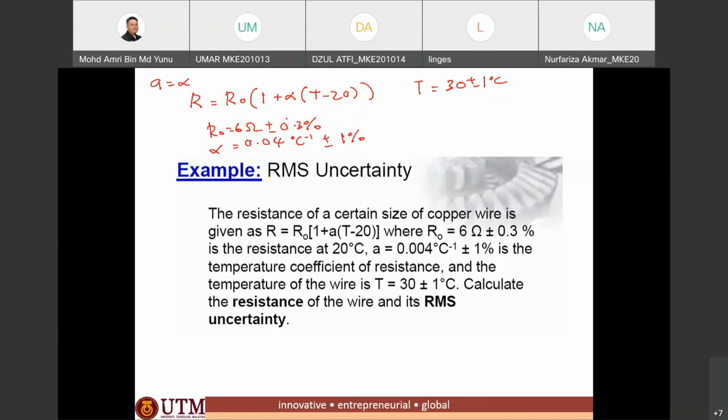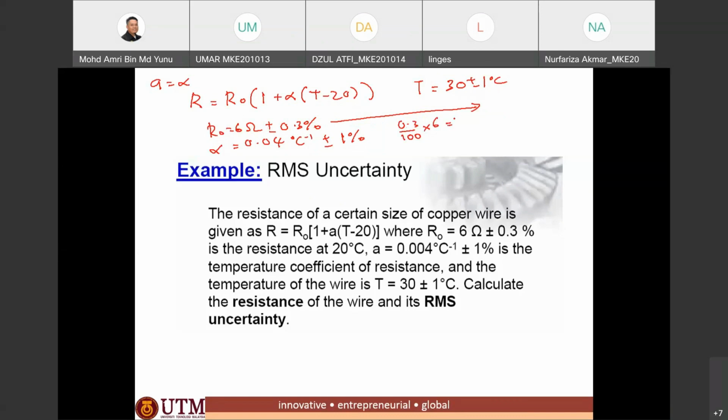So to get the absolute uncertainty, what we need to do is take this 0.3% multiplied with the nominal value.